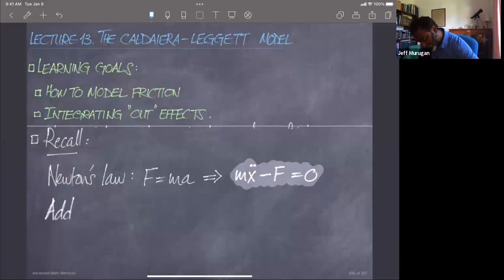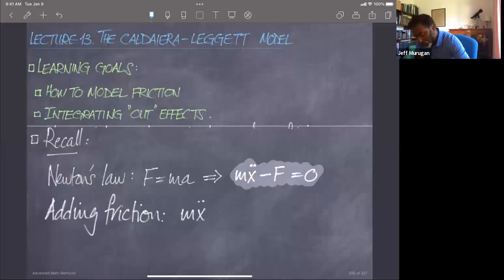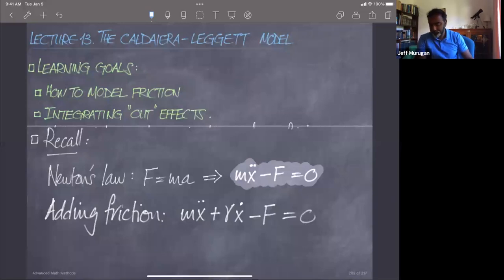So if I add friction, I get an equation that looks like m x double dot, that's the acceleration term, plus something proportional to, let's call it gamma x dot, minus this f equals zero. Okay, it's this term here that we're going to be interested in this lecture. All right. The question is, where does this arise from?